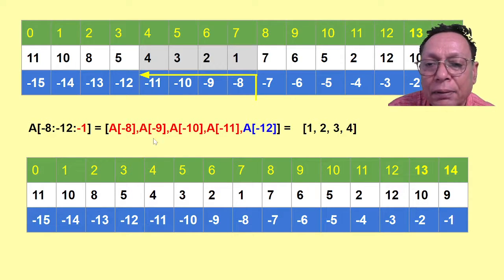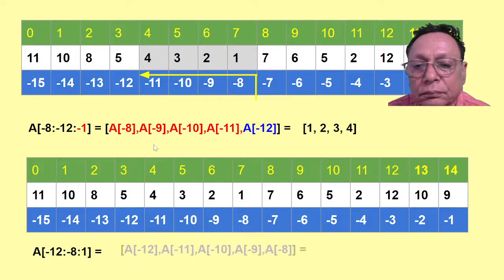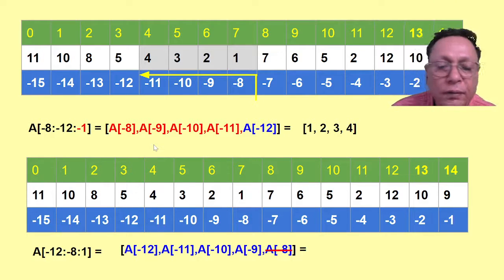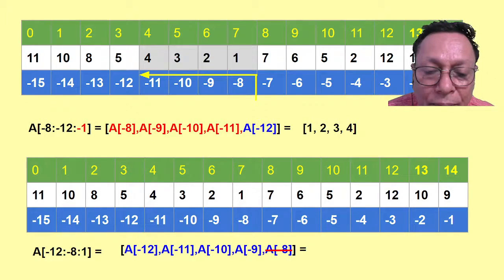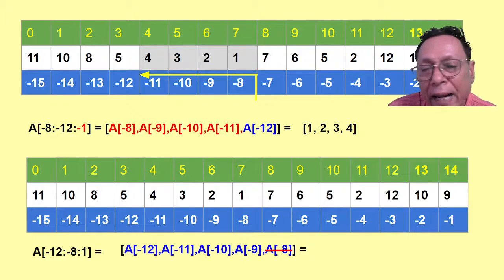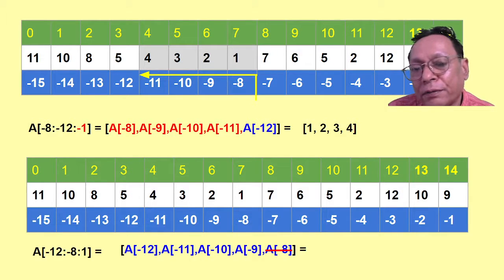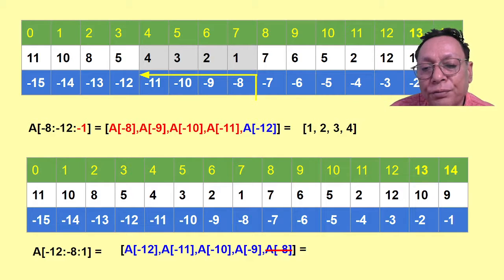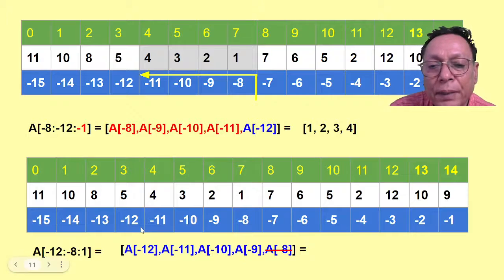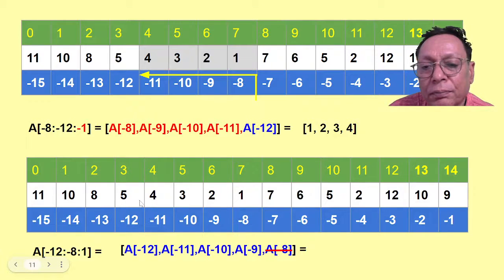In another example, if your starting index is -12 but the ending index is -8, and here the step is positive, it means you'll have to move from left to right.